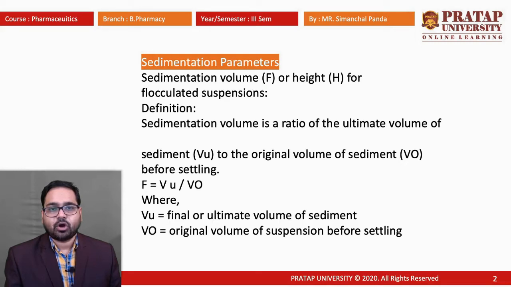So the sedimentation volume F can be written as Vu by V0, where Vu is the final or ultimate volume of sediment and V0 is the original volume of suspension before settling.